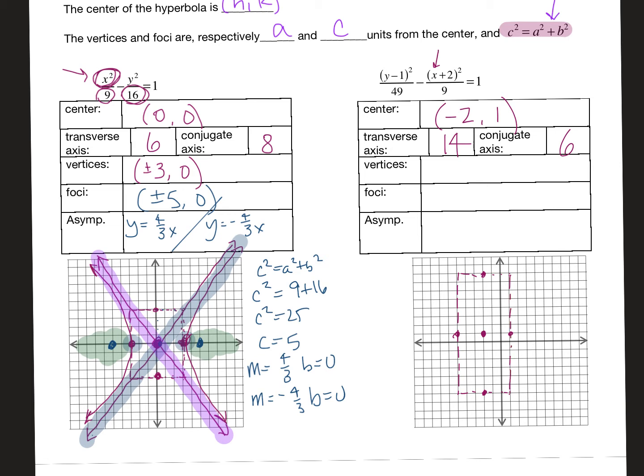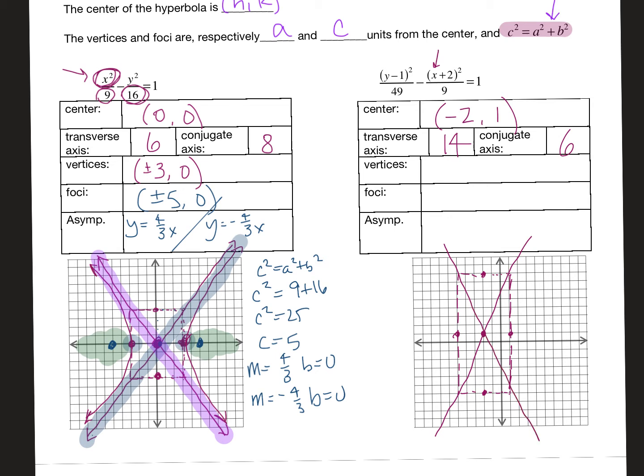Again, there's my rectangle that goes through the dots that I drew. On your paper, this is going to look amazing because you're going to have a straight edge. I don't have a straight edge. I'm doing the very best I can. Again, use a straight edge on your paper.